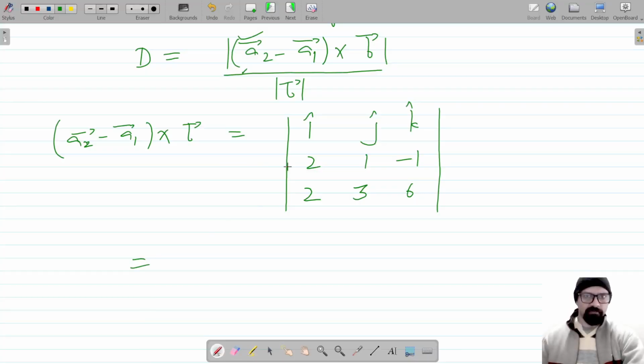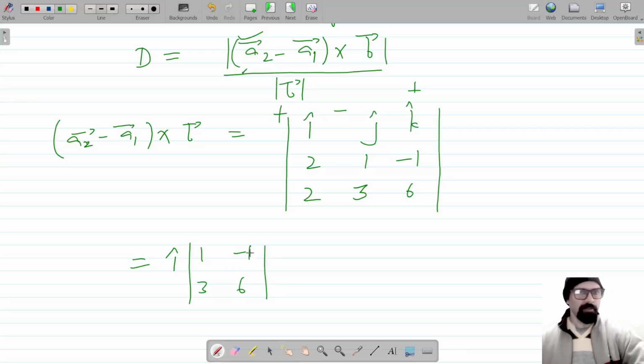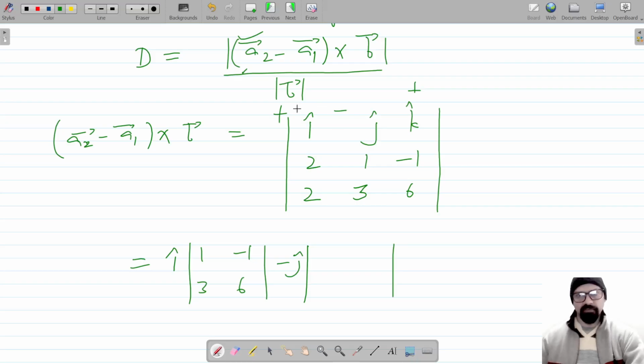So how do we find out the cross? So sign, positive, negative, and positive. So this is i cap, and the determinant left is 1, negative 1, 3, and 6. Okay, so this is negative j cap. And the determinant left after removing the row and the column for j cap is 2, negative 1, 2, and 6.